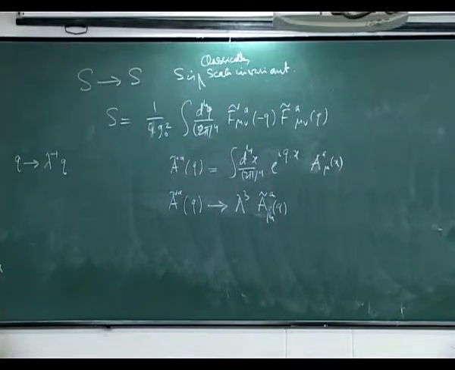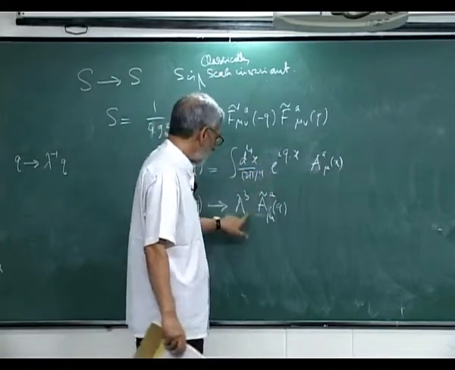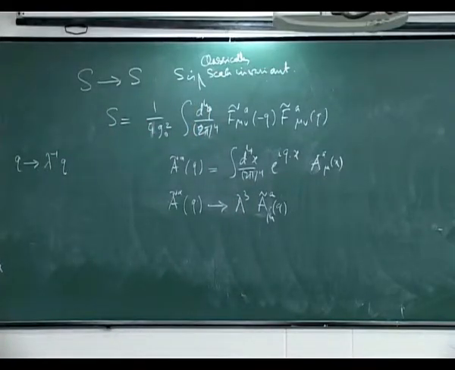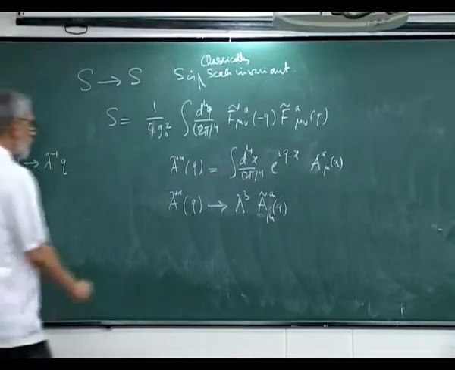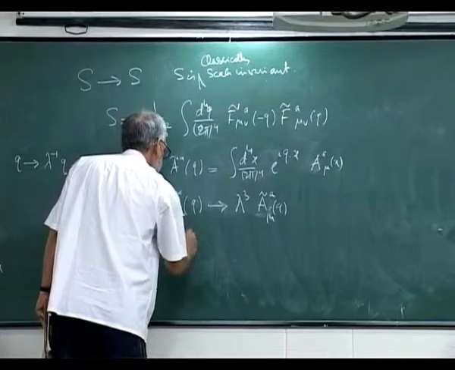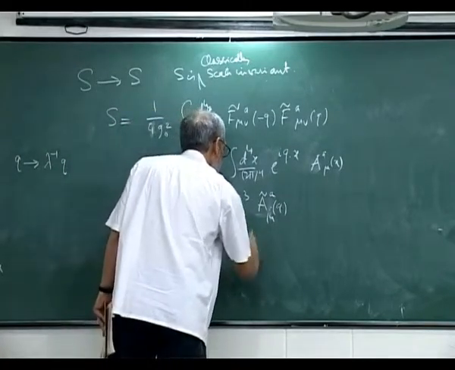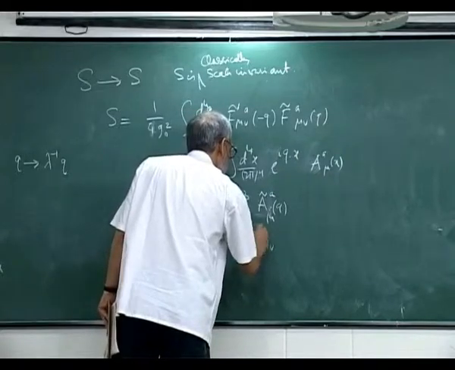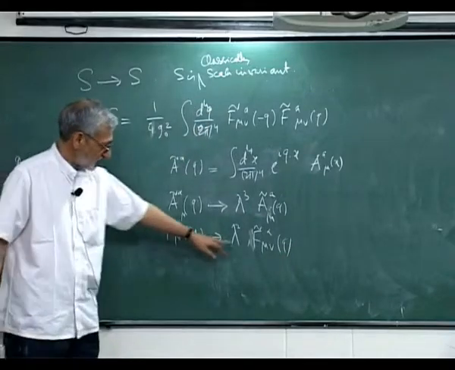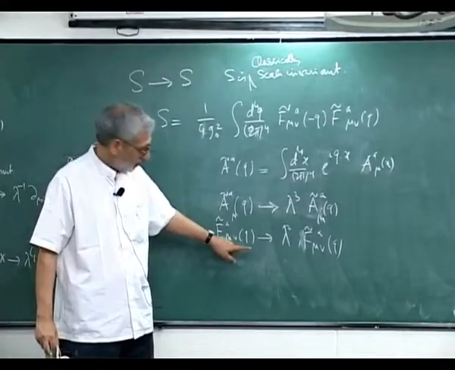Is that clear? This scales as lambda inverse, this scales as lambda to the 4, therefore this combination scales as lambda to 3. And similarly, this object, the momentum transform of F, scales as lambda square.